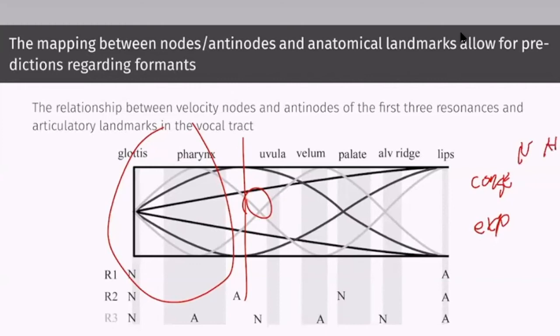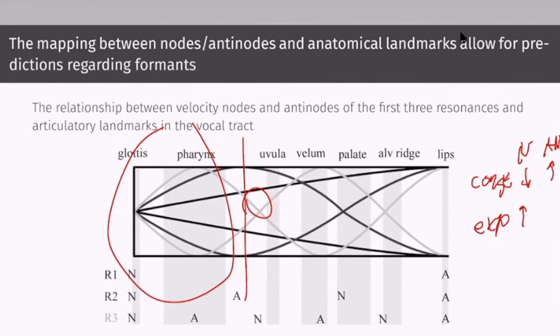Okay, so if you have a constriction at a node, the resonance goes down. If you have a constriction at the antinode, the resonance goes up. If you have an expansion at a node, wait.